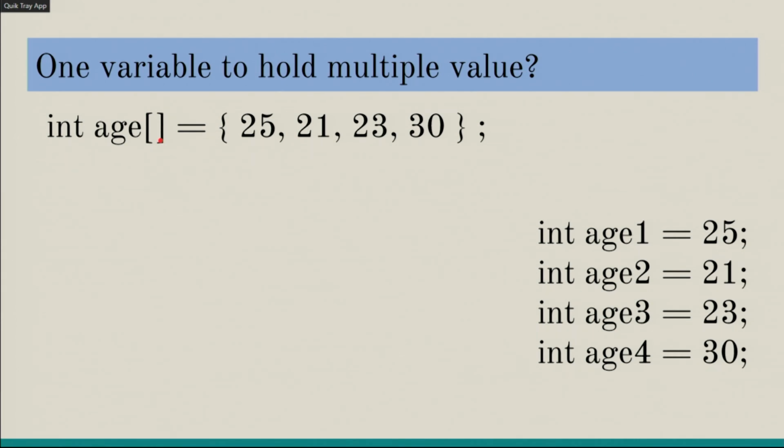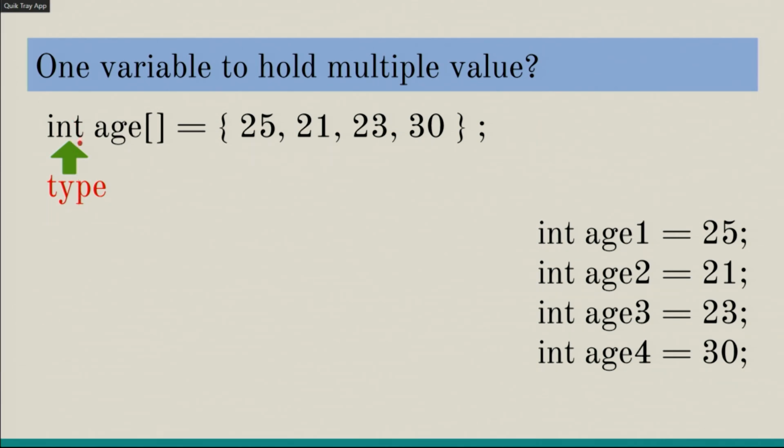Array means multiple values in the same variable. Internally, it defines a stack of different memory locations to put these values. But for us, this square bracket refers to an array, which means age has multiple values, and these are the values, and we put curly parentheses, put the values, comma separating each value.